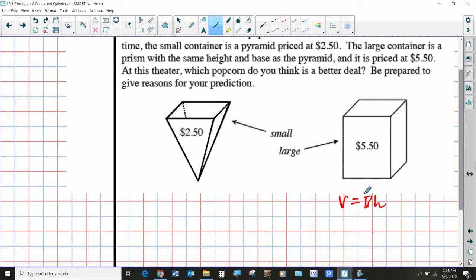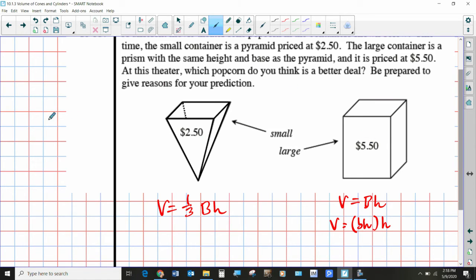It just so happens that the base area is a rectangle, so it's base times height again. Different heights here, but we're okay with that. The pyramid with the same base area and the same height is going to have a volume that is 1/3 times whatever that base area times the height is. Take 3 of those, and it's equal to that. Take 1/3 of that, and it should be equal to this.